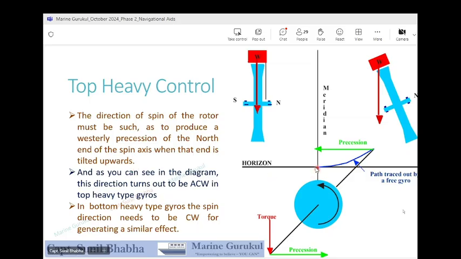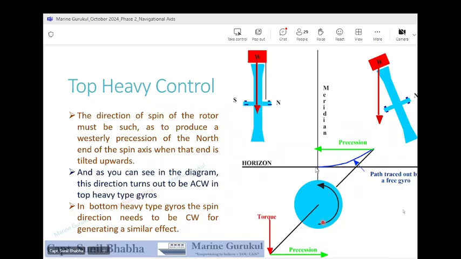Because we know the motion of the gyrostar is such that it moves in the easterly direction and it has a positive altitude. That means the spin axis is drifting easterly and is having an upward tilt. So we want to generate a force which creates a westerly precession when tilted upwards, bringing the spin axis back to the meridian. So this is exactly the reason.